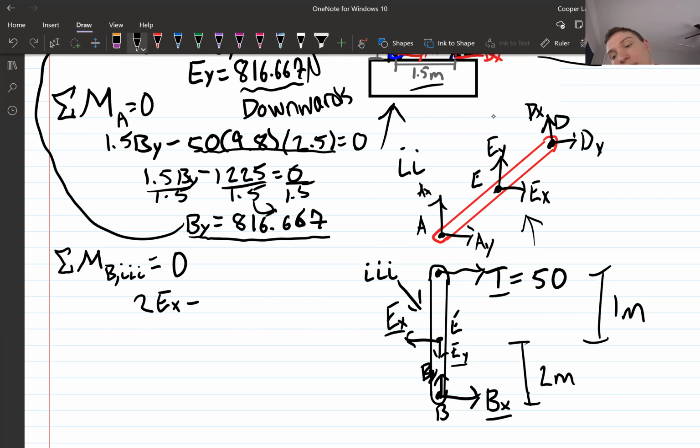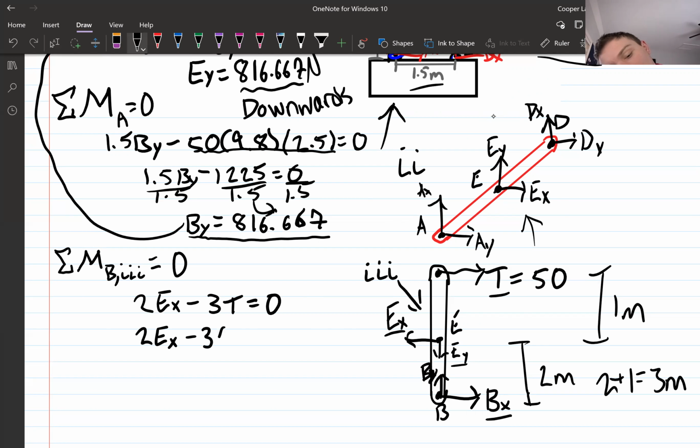And here it's going to be this 2 plus 1, which gives me 3 meters away from point B. So this would be minus 3 times T, and this should all equal 0. So now I'm going to plug in my value for T. So that would be 2 E sub x minus 3 times 50 equals 0.